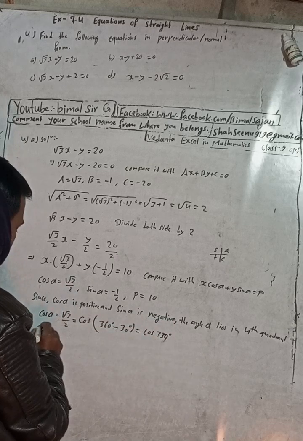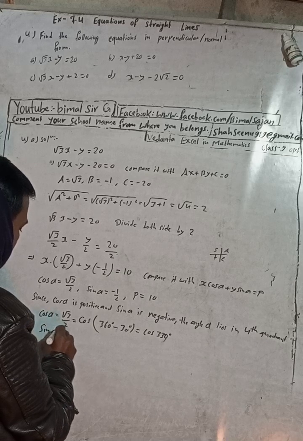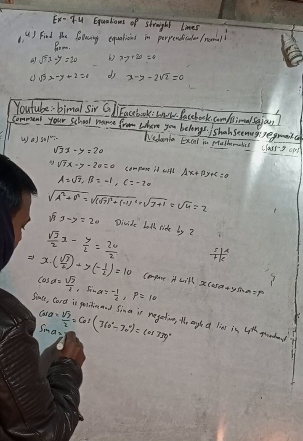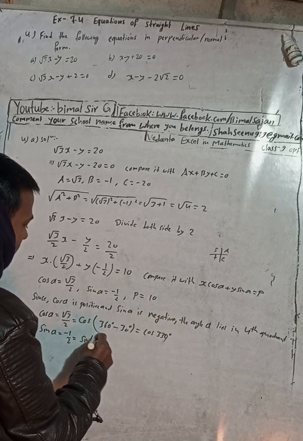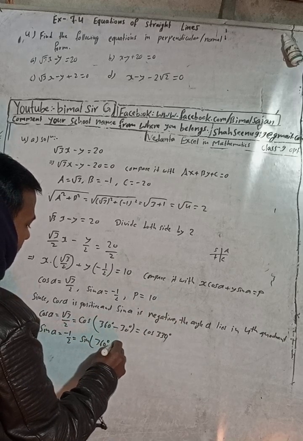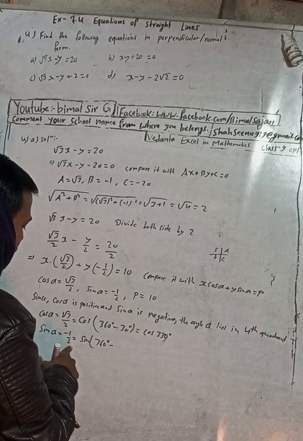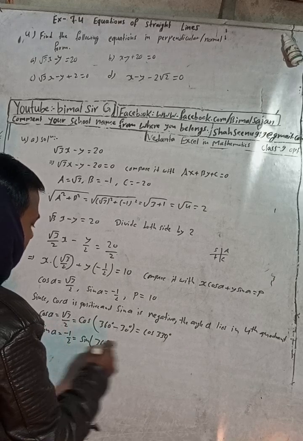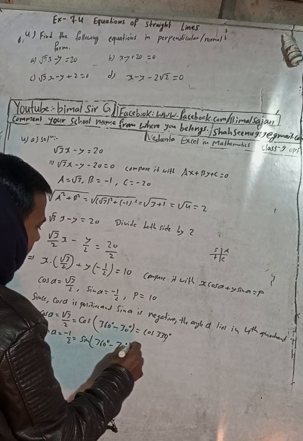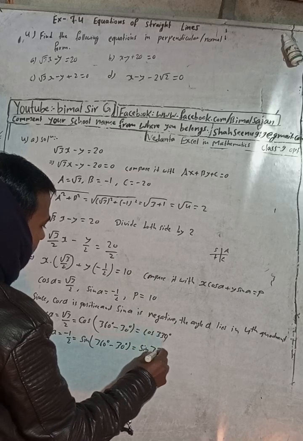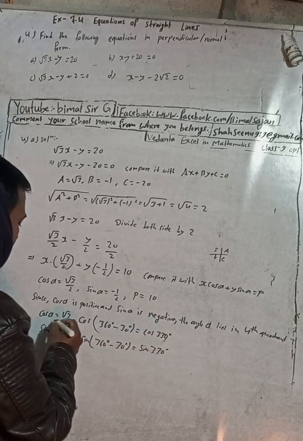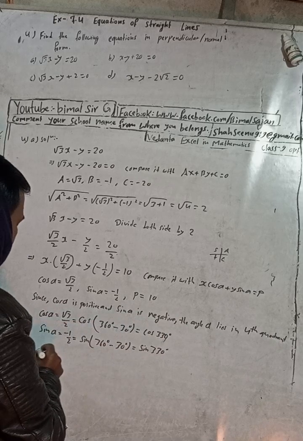Now sine alpha is equal to minus 1 by 2. So sine in the fourth quadrant, this is now 360 degrees minus, and 1 by 2 is the value of sine 30 degrees. So this is equal to sine 330 degrees. So we got the value of alpha now.